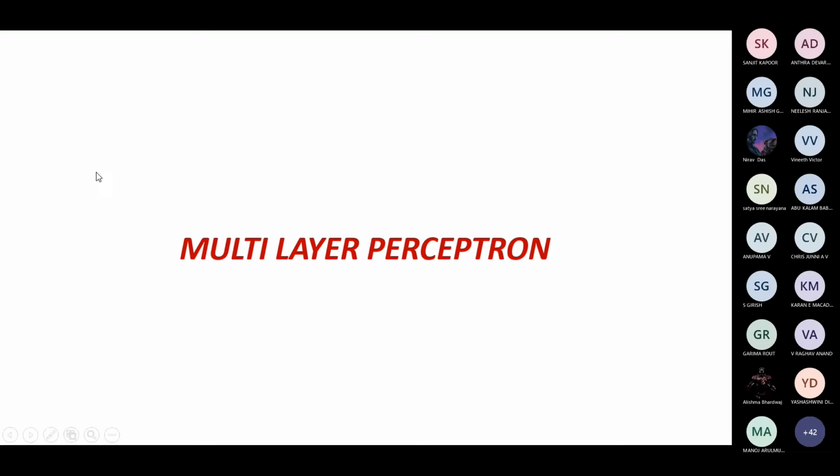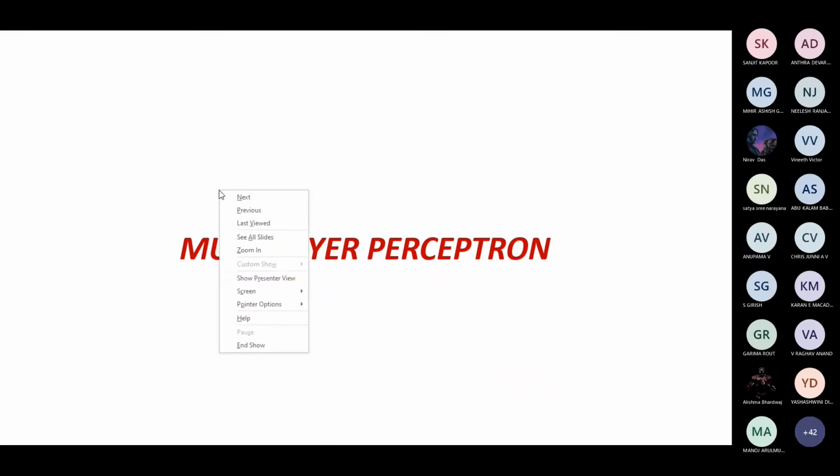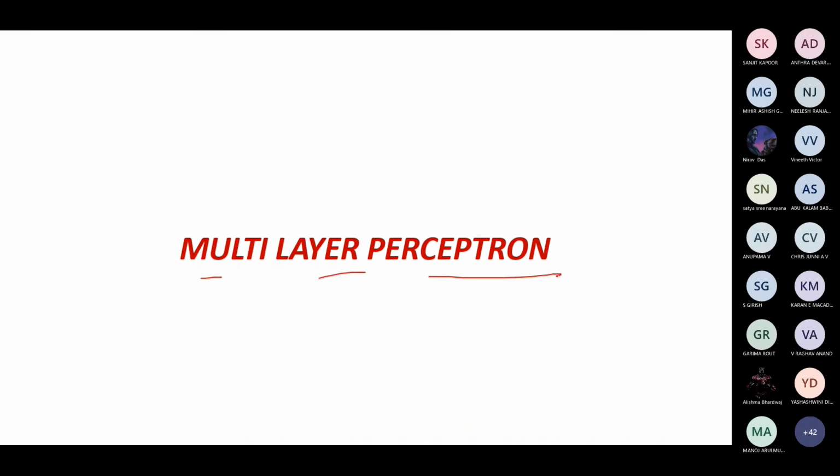Okay, so we will start with today's class, and today's topic is multi-layer perceptron. So till now what we have seen is the single layer perceptron. Now what is a single layer perceptron?